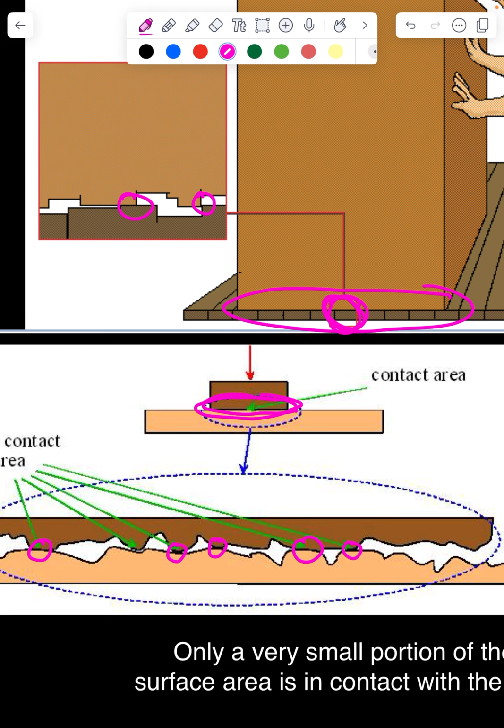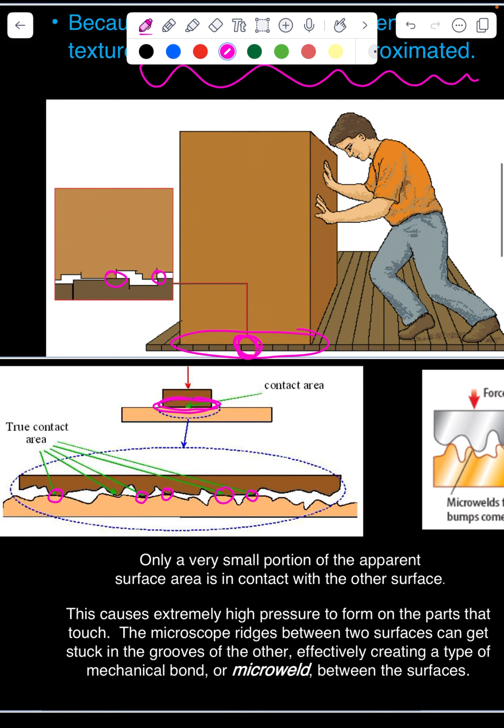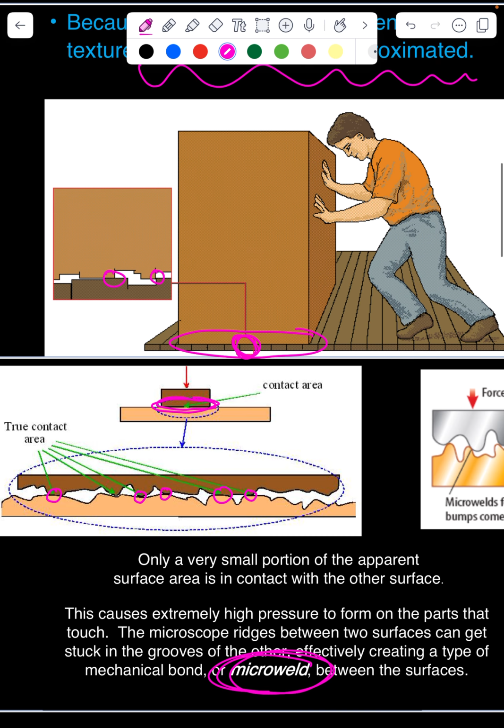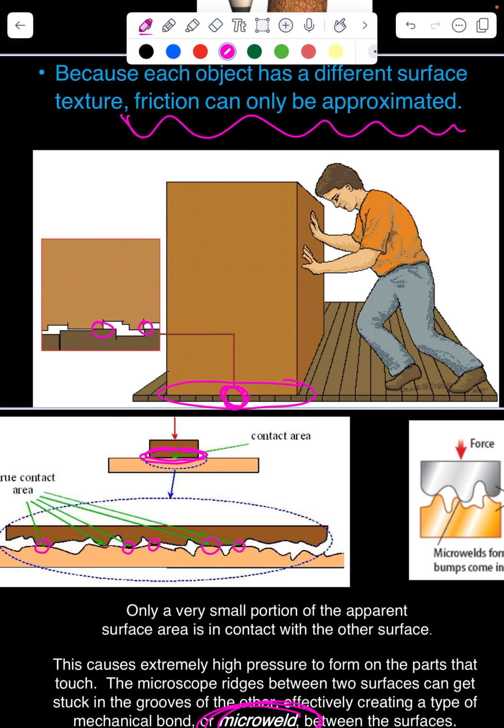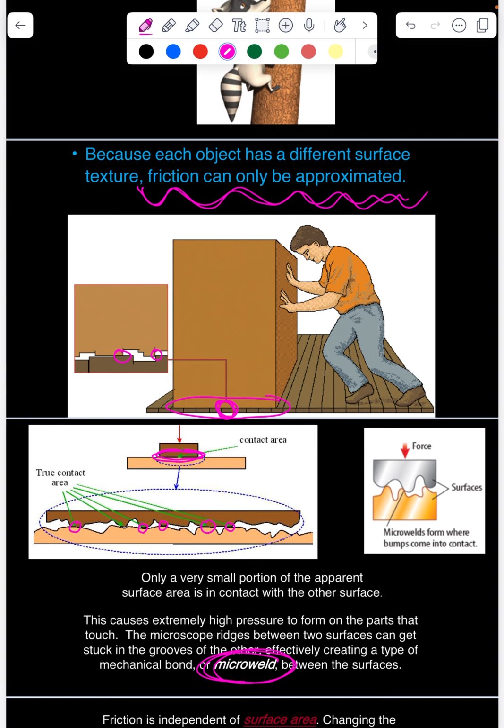Those spots where they meet are called micro welds, and those are the only spots causing the friction. We can't see that when we calculate the amount of friction, so the frictional forces that we calculate are just an approximation.